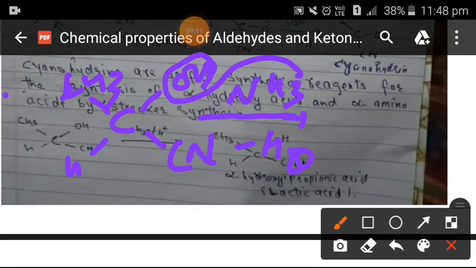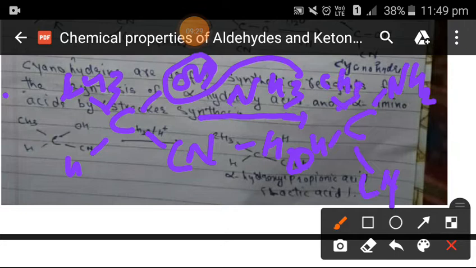The intermediate product will have an NH2 group attached there, with the same CH3, hydrogen, and the cyanide group.